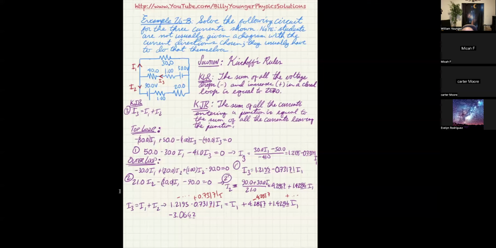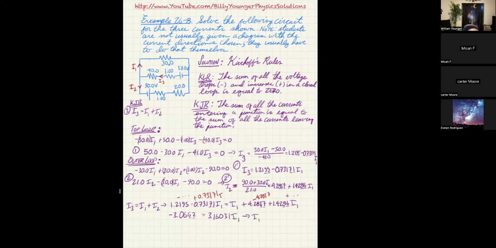1.4286 plus 1 plus 0.73171. That gives me 3.16031 I1.